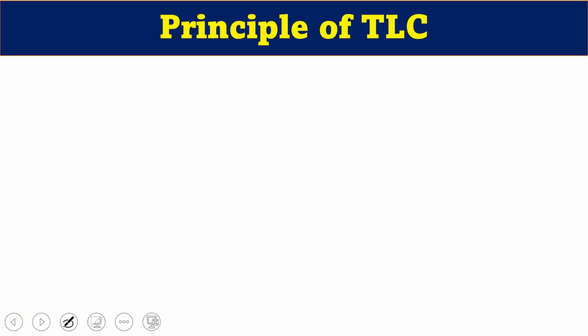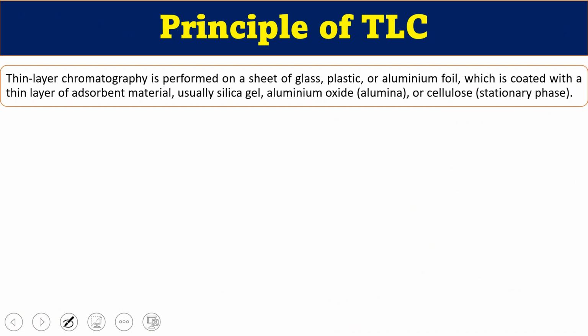Now let us see the principle of TLC, that is, how thin layer chromatography works. Like other chromatography, TLC works on the separation principle. The separation relies on the relative affinity of the compound towards both phases, the stationary and the mobile phase.